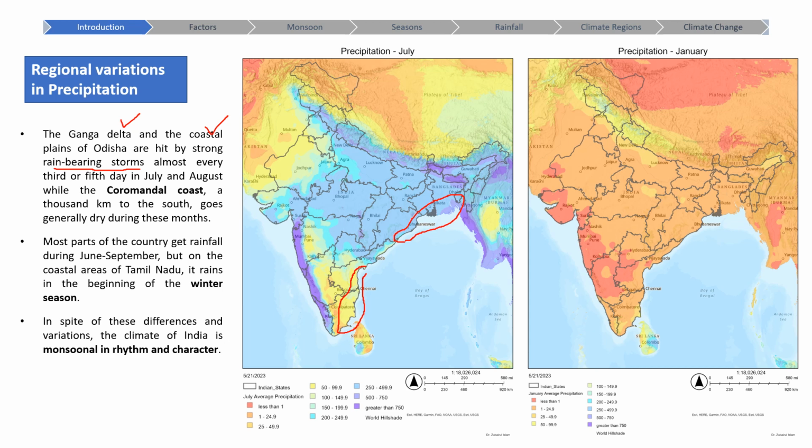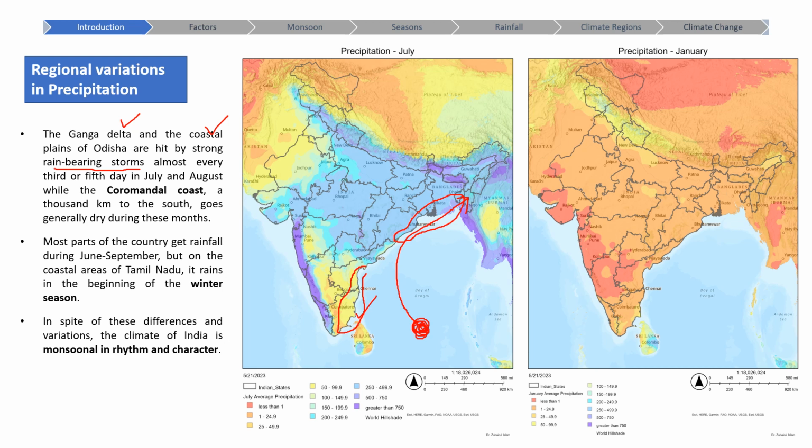What is the reason? Generally, low pressure develops here during the summertime because of high heat, and the cyclones develop here, and the cyclone moves. Generally the path is like this. So when cyclones come in contact with the coast, they give rain to this area only, but this is not on the track. So this region remains dry.